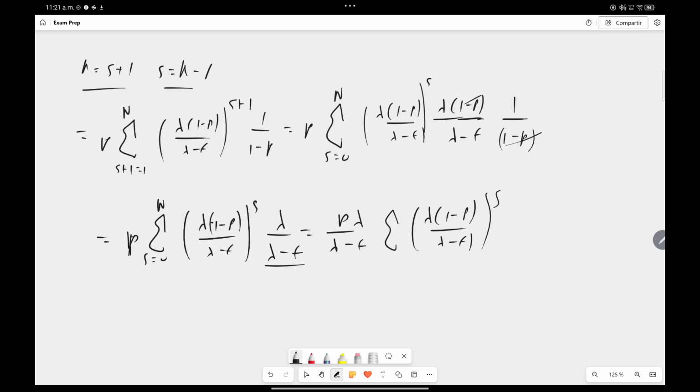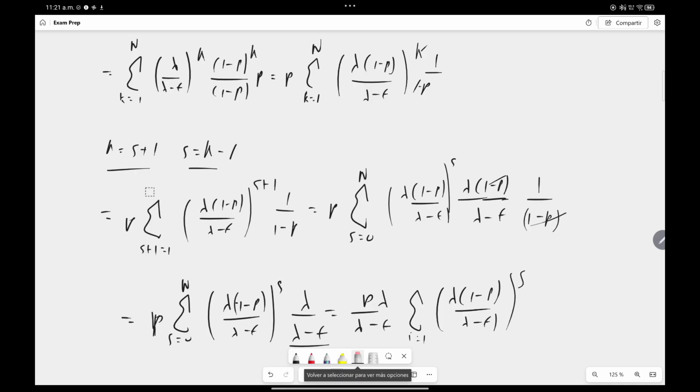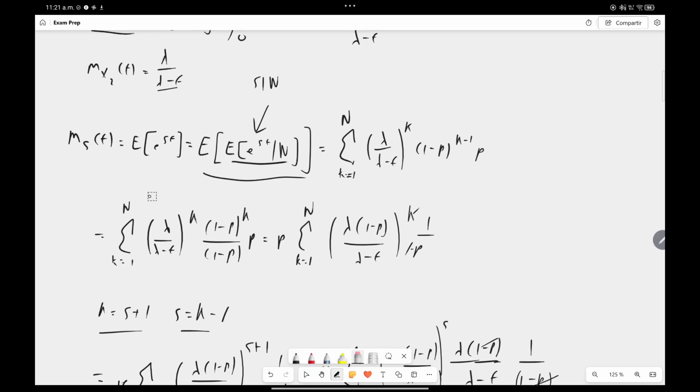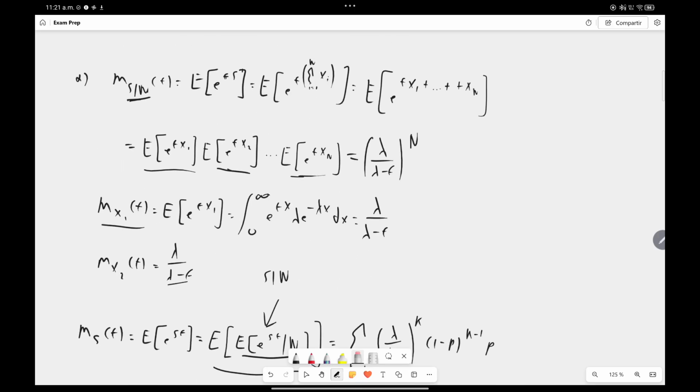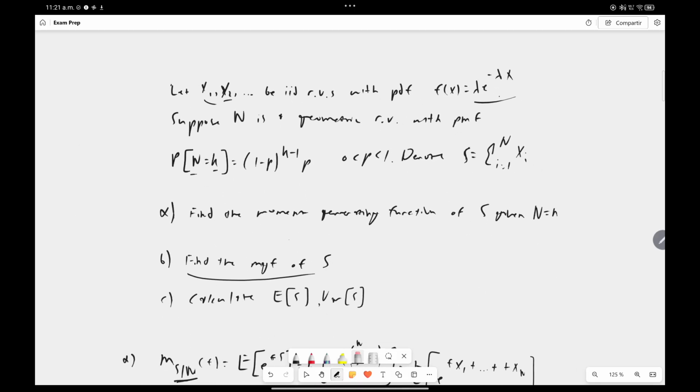Now, if we recall the summation, well, actually, this isn't to n, it's to infinity. Why is it to infinity? With a random variable.